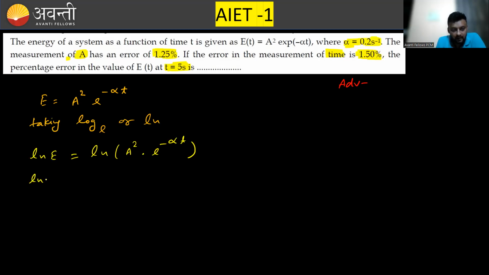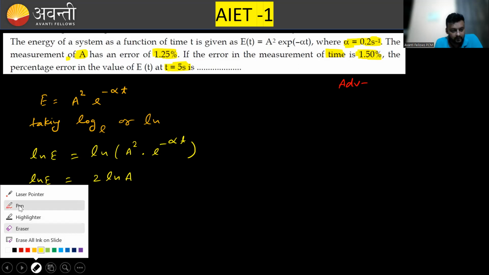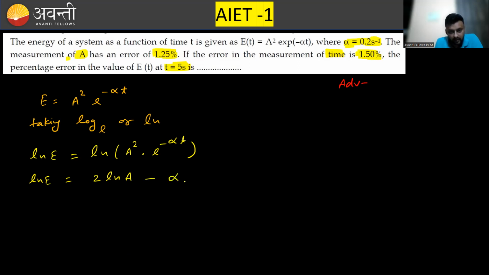So again, I will write ln E equals ln A squared, that means 2 ln A, plus ln of e raised to the power minus alpha t. So ln and e will get cancelled out. It will become minus alpha t. So I will place minus here, alpha t. This is the first step. Now you can use these steps in every question and you will get the answer. This is for sure. Now take the log, take the differentiation. Now differentiate.